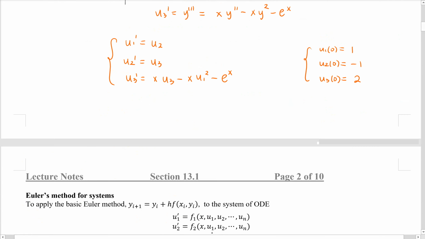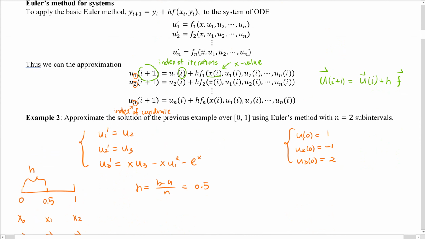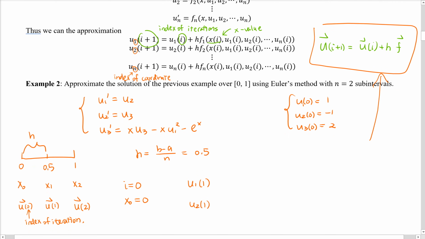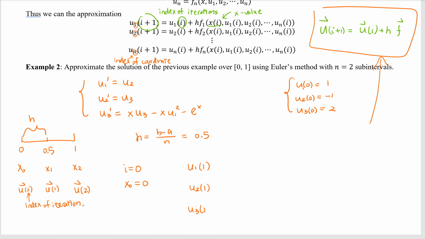So keep this formula in mind. Let's compute. So first, when i equals 0, x0 equals 0. u1 has the first coordinate, the second coordinate, and the third coordinate. What's the first coordinate?